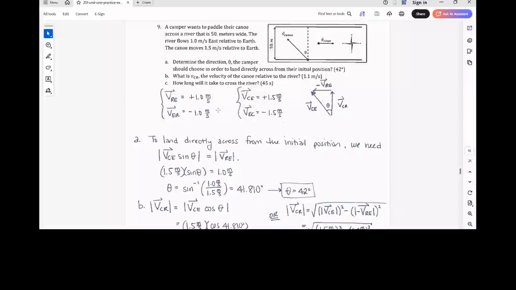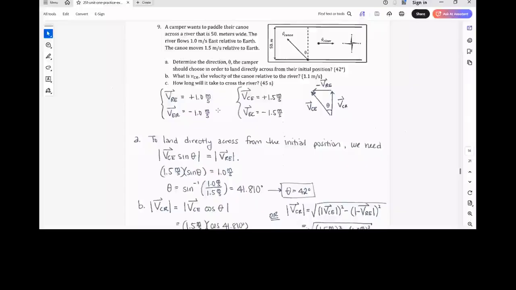If that's positive 1.0 meter per second, I know I can flip to the other reference frame and say that the velocity of Earth relative to the river is just negative 1 meter per second. And with the canoe, we've got its velocity relative to Earth.